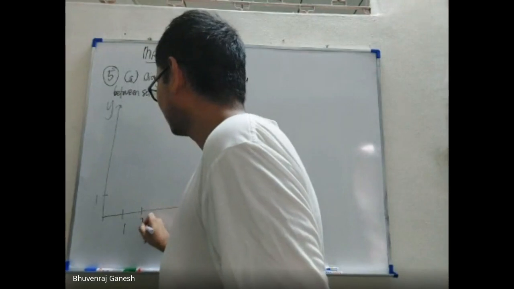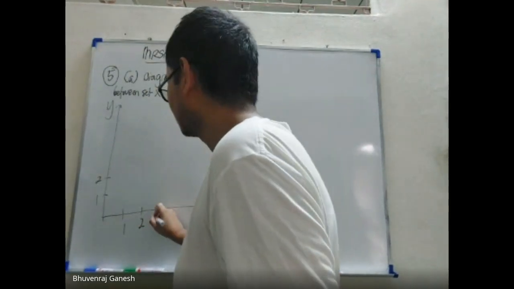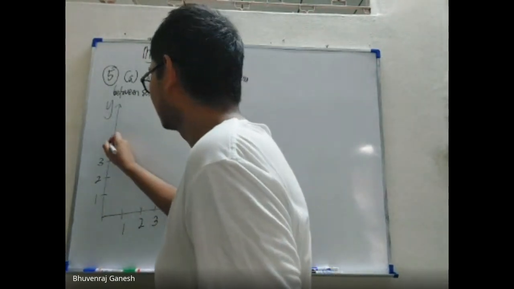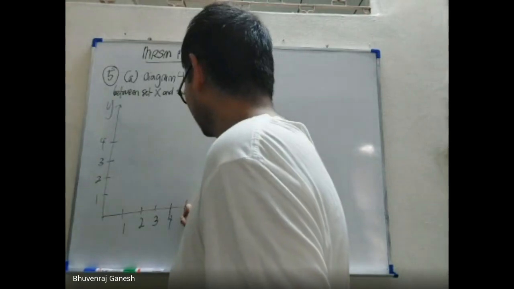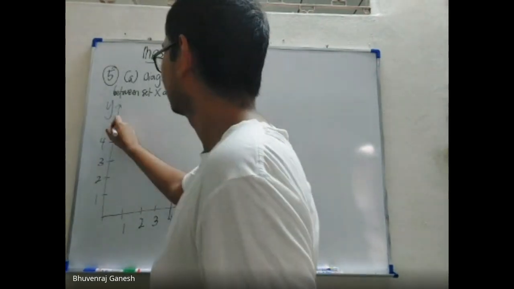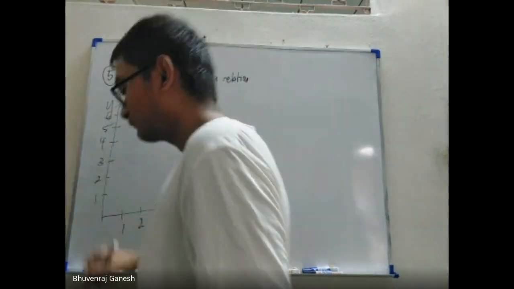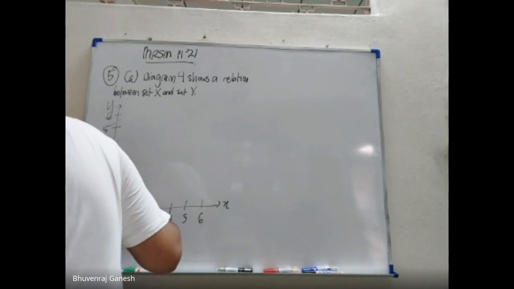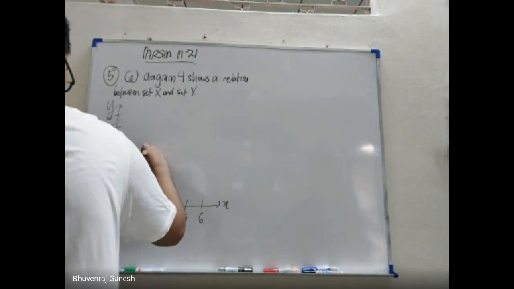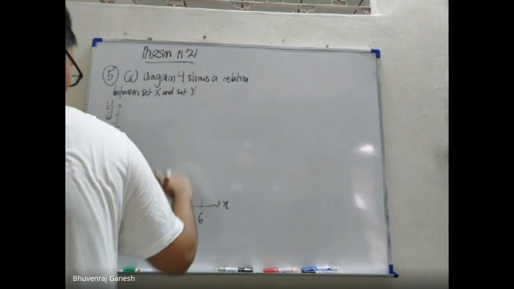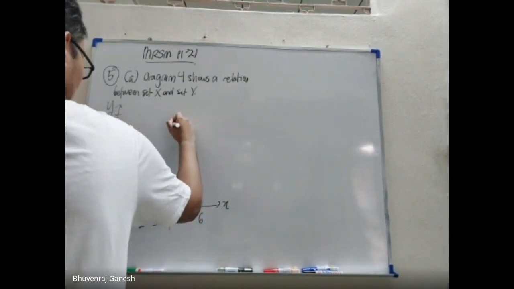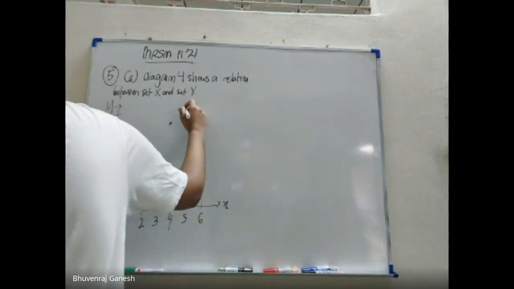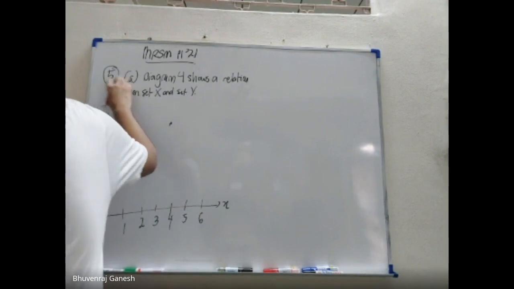These points I just plot randomly, and it's not according to scale, of course, because it's not on a Cartesian plane with a 1 times 1 unit. So here in total, we will have around 5 points like that.